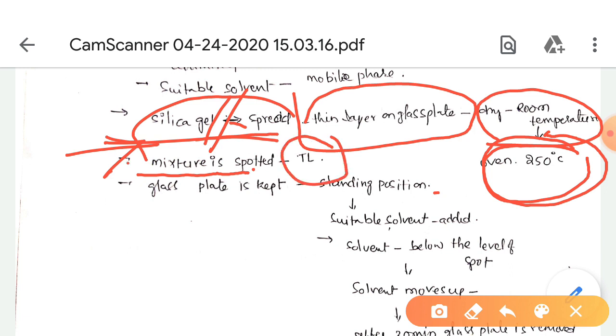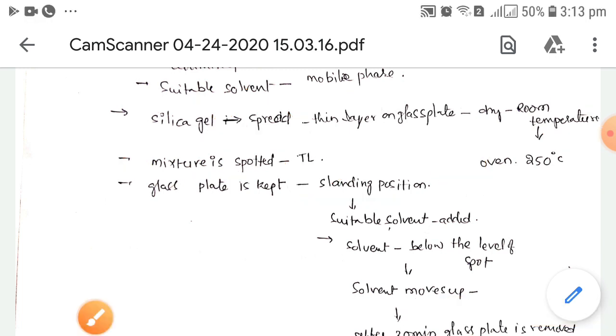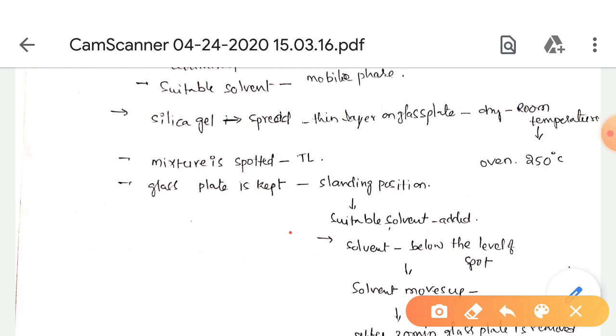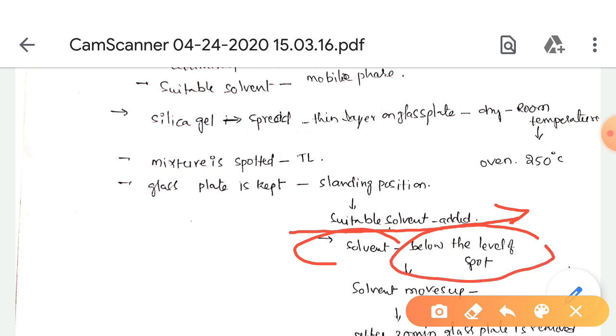This glass plate is kept in a jar in a slanting position, and after that we take a suitable solvent, which is added in the jar below the level of the spot.